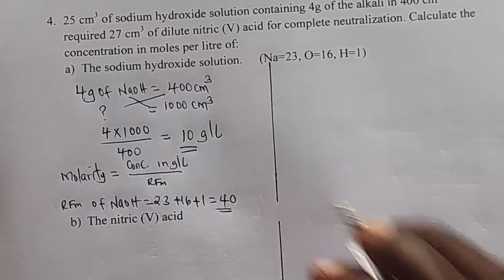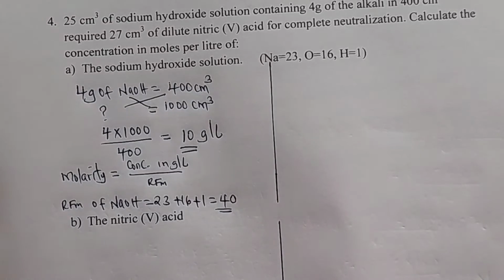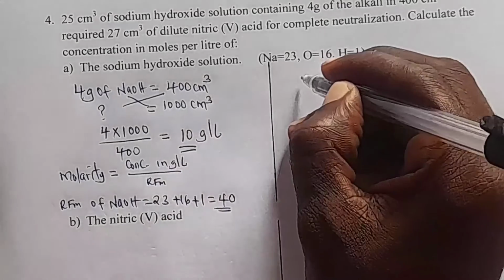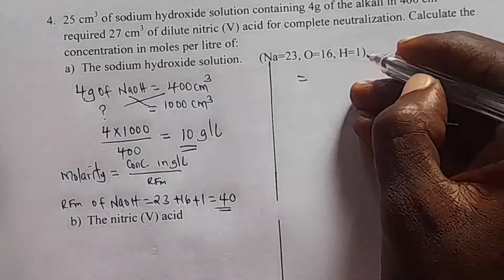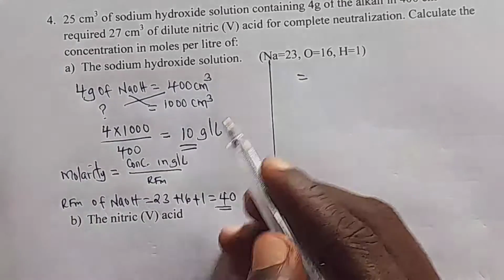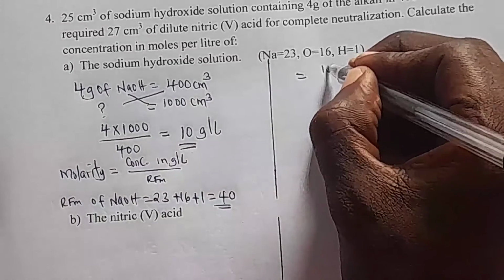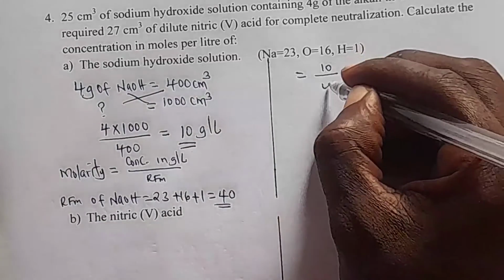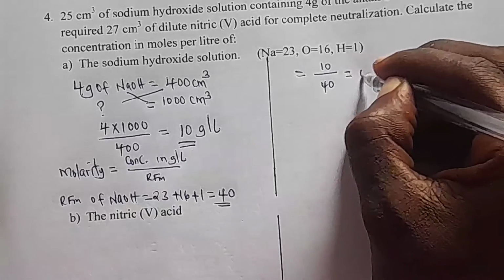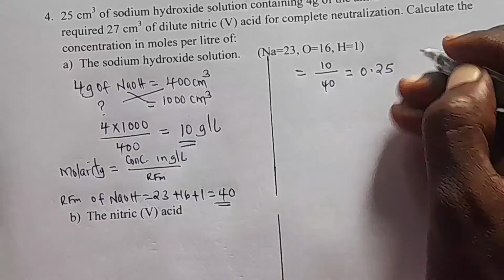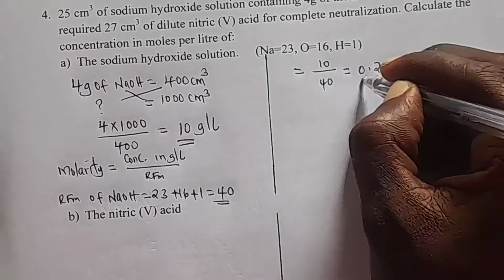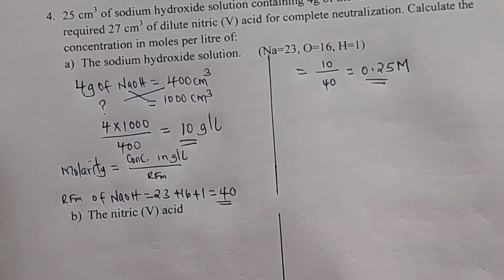This will give me 40. So next, I use the formula: molarity equals concentration in gram per liter, which is 10, divided by the RFM, which is 40. This will be equal to 0.25 mole. That will be the answer.